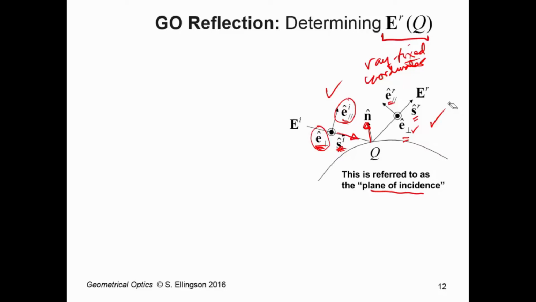This turns out to be a convenient way to decompose the problem because we can easily derive solutions in this case. We can separate the problem into these two components, which, by the way, are the same as transverse electric and transverse magnetic, and then work those problems separately and put them back together.